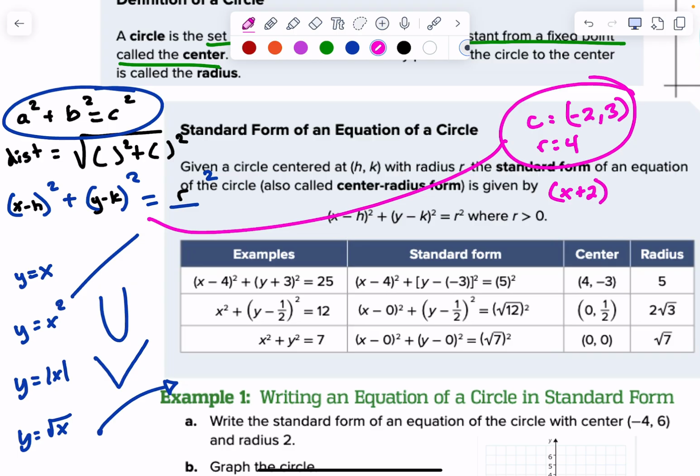So it's the opposite sign of what you think it is. X plus 2 squared, that's the a squared part, plus the b squared part. So then it's y minus 3, because it's a positive 3, it's going to be -3 in there, squared equals the radius squared, which is 4 squared, which is 16. Yep. This is the equation for that circle.